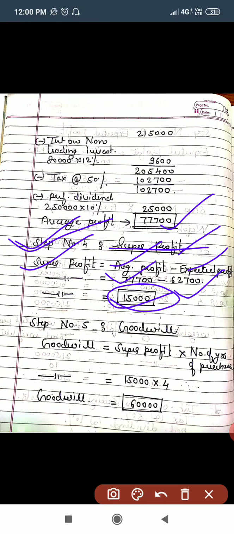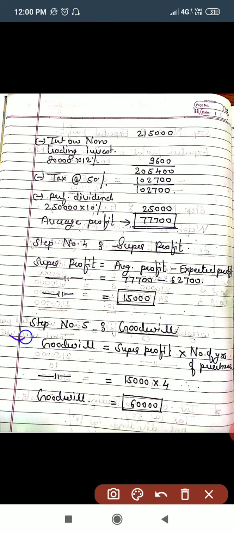Now the last step which we have to calculate is the calculation of goodwill. How will you calculate? Goodwill is equal to super profit into number of years of purchase. At the initial stage itself, we have been provided that the goodwill is to be calculated at 4 years purchase.